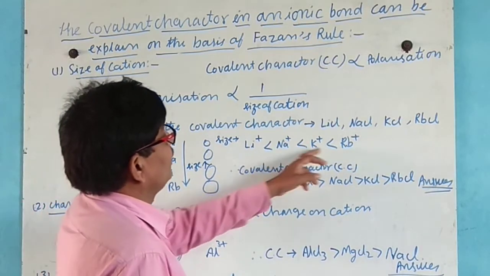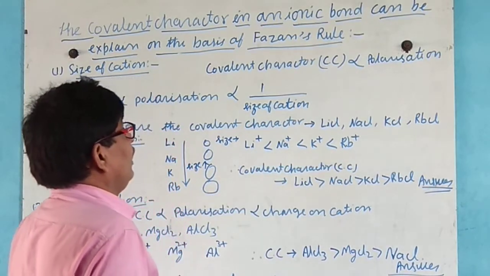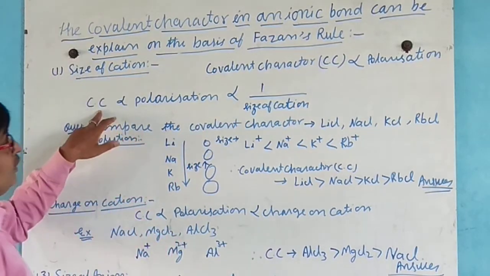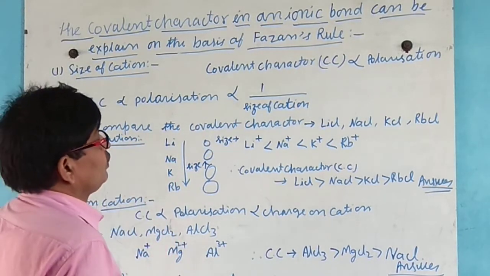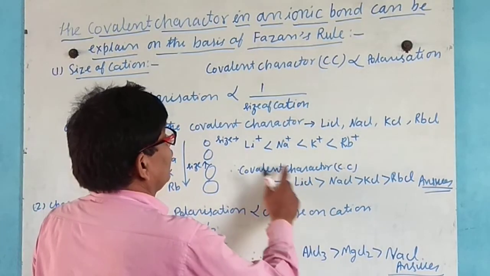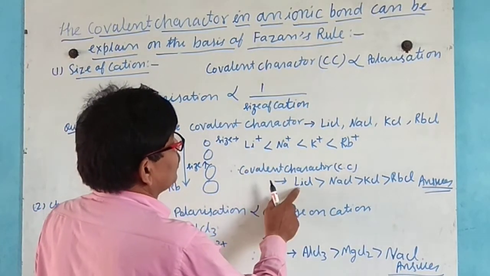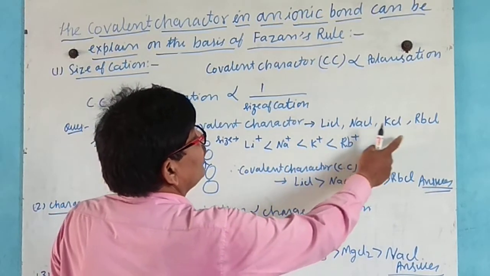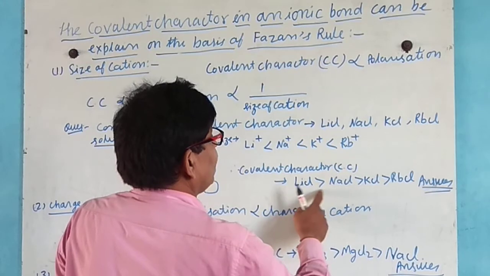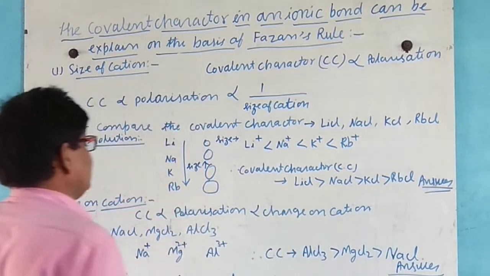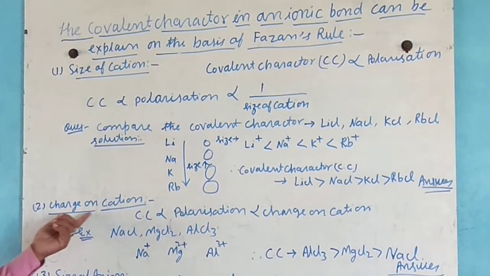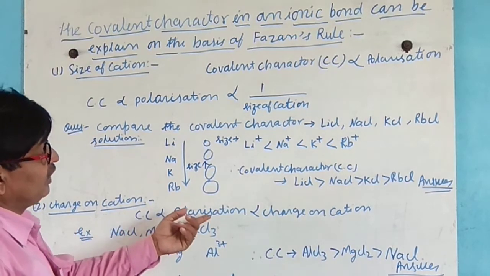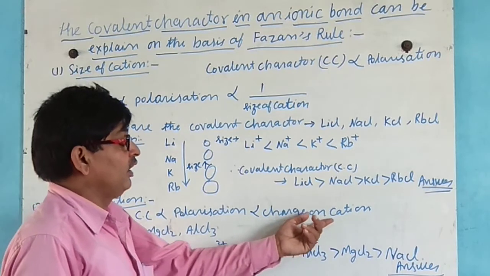Size is inversely proportional to covalent character. So the covalent character of lithium chloride is greater than sodium chloride, greater than potassium chloride, greater than rubidium chloride. This is our answer.